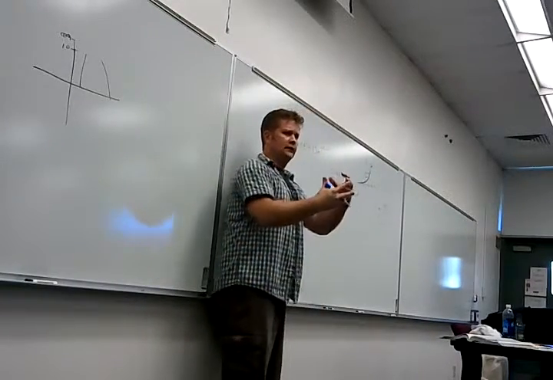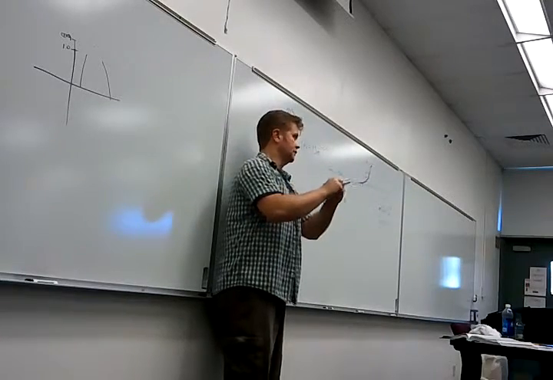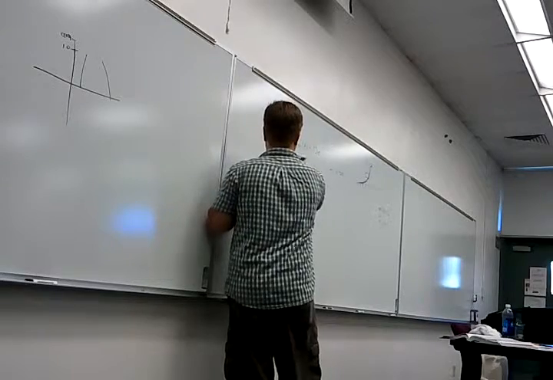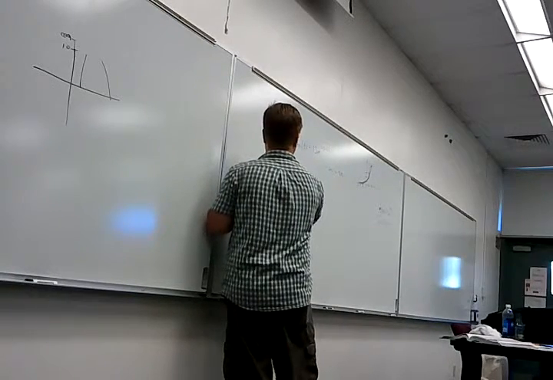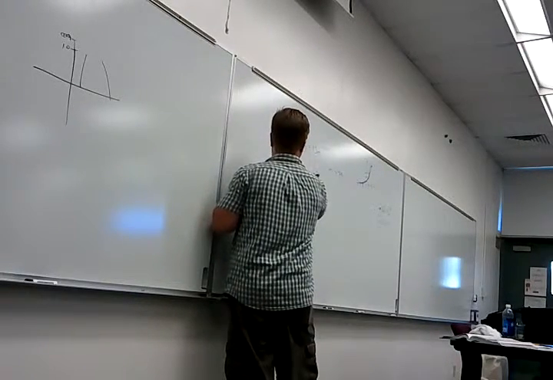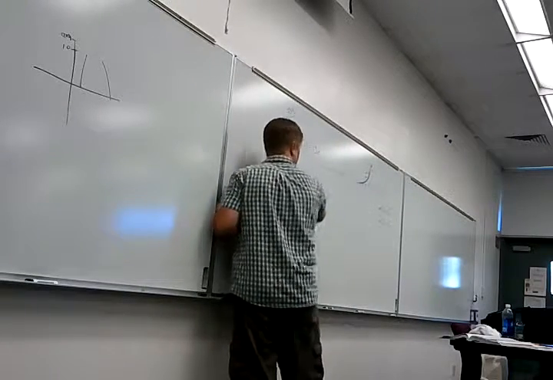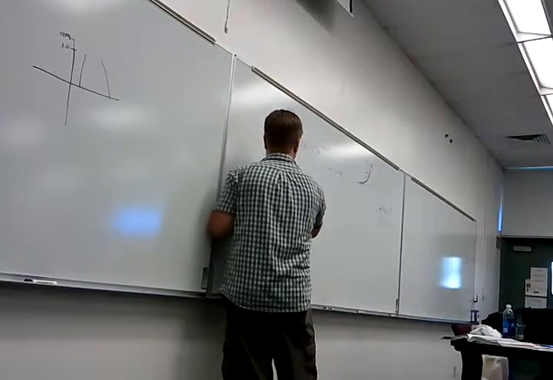What would that t value be for the very beginning? 0. So if I plug t equals 0 in, what's M of 0? 13e to the negative 0.15 times 0. And what's e to the 0? So I started with 13 kilograms of this stuff.